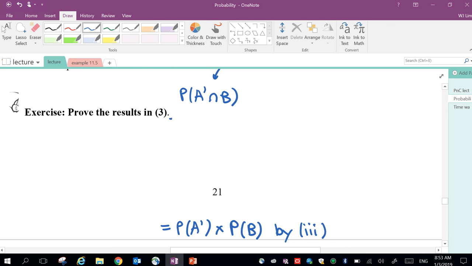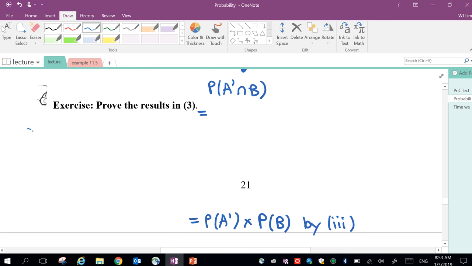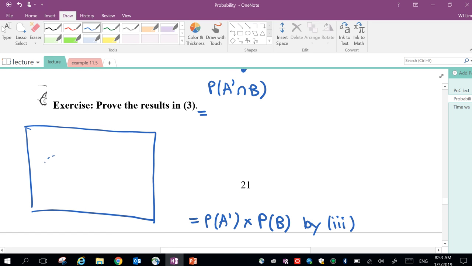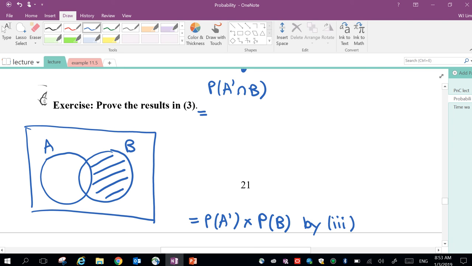So what do I do in between? If you notice, for P(A prime intersect B), I'm going to draw a Venn diagram. This is A, this is B. A prime intersect B is here.